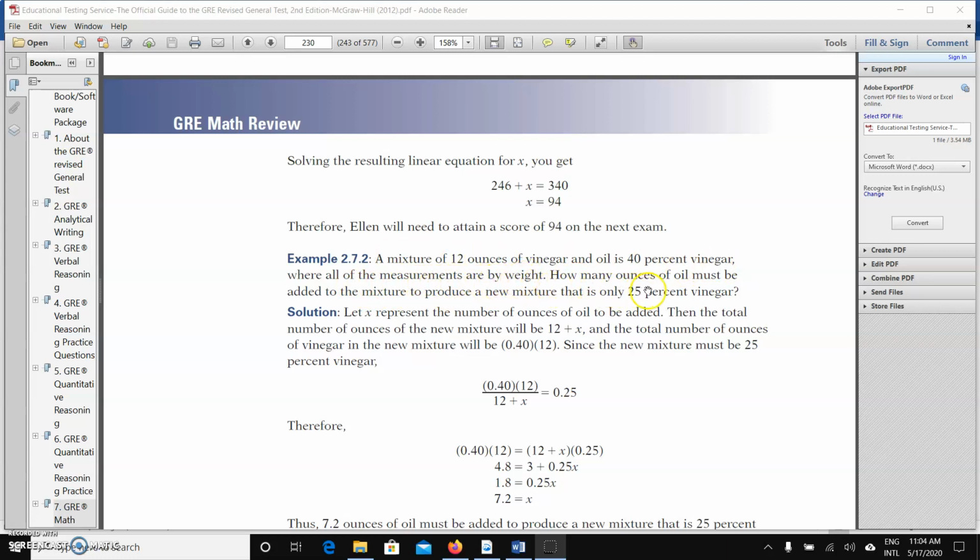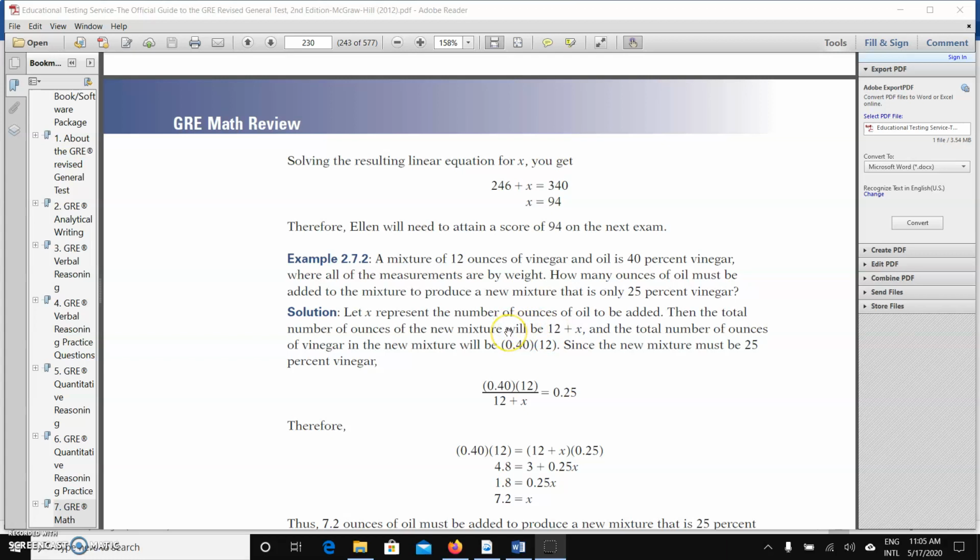How many ounces of oil must be added to the mixture to produce a new mixture that is only 25% vinegar? Now, how do you solve this question?